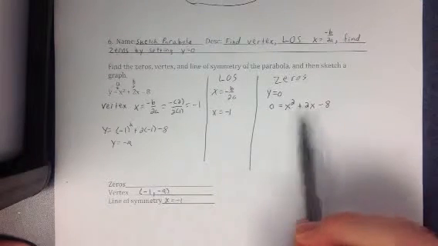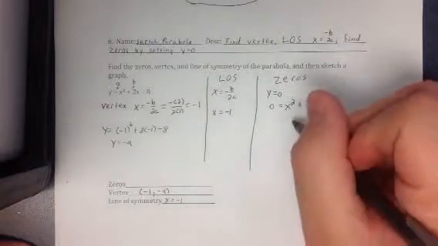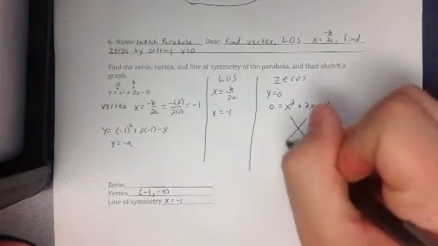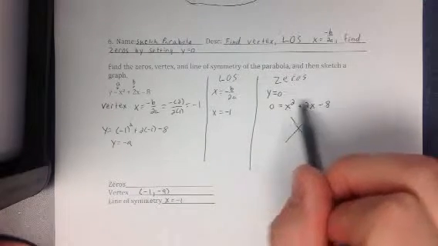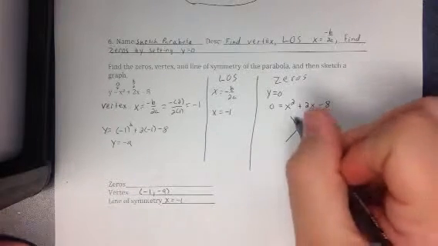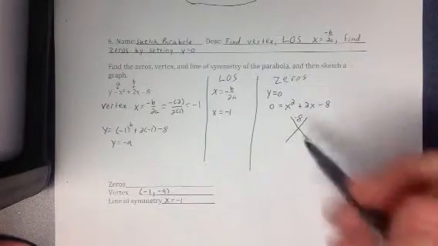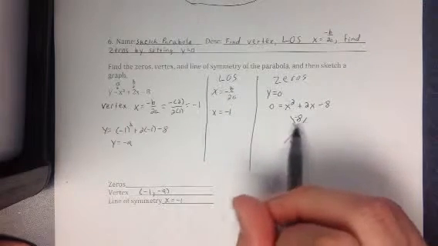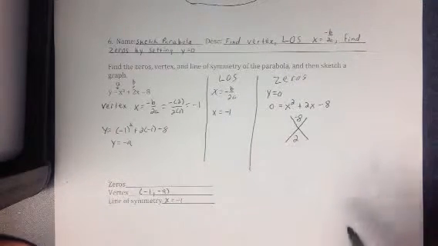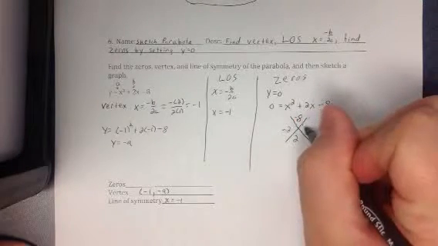So this is a trinomial we've got set equal to 0, so we're going to try to factor it first. So again, a times c on top, so we got an imaginary 1 times negative 8, it's negative 8. B on bottom, which is positive 2. Again, two numbers that multiply to get negative 8 and add to get 2 would be negative 2 and 4.